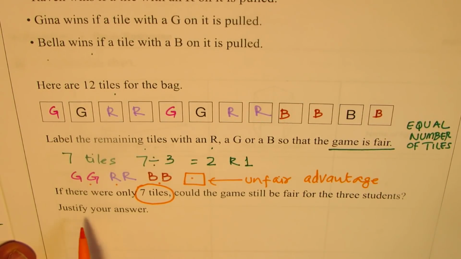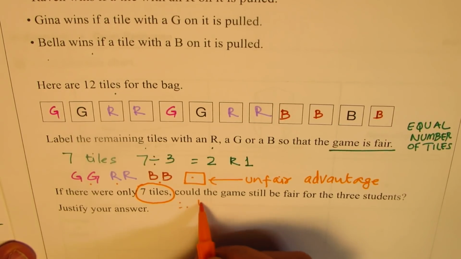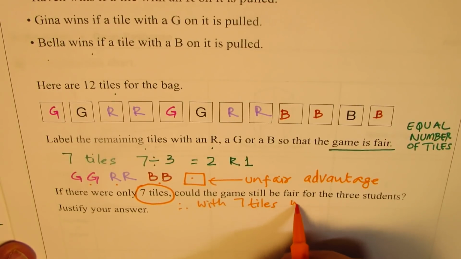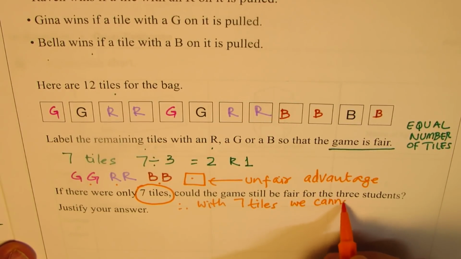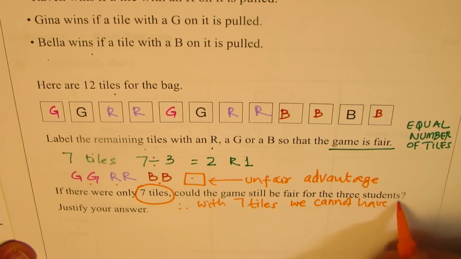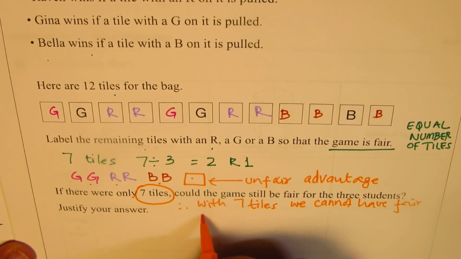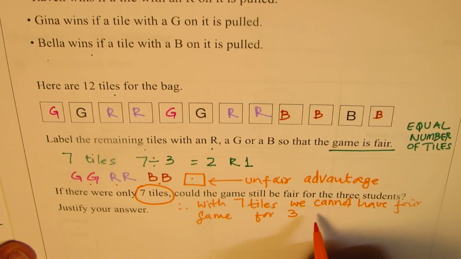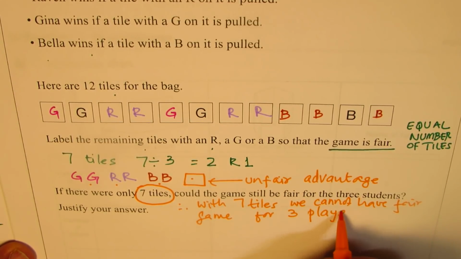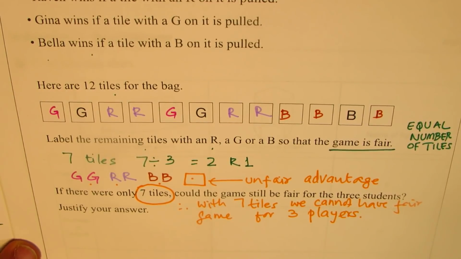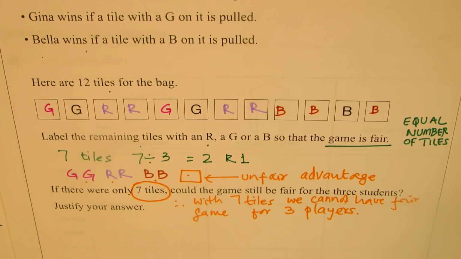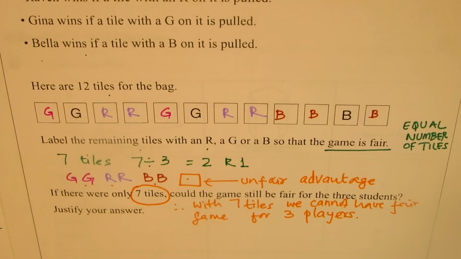So therefore, with 7 tiles, we cannot have a fair game for 3 students or 3 players. Is that clear to you? So that is how you're going to answer, right? I hope you find it interesting and useful. Now let's look into the next question.